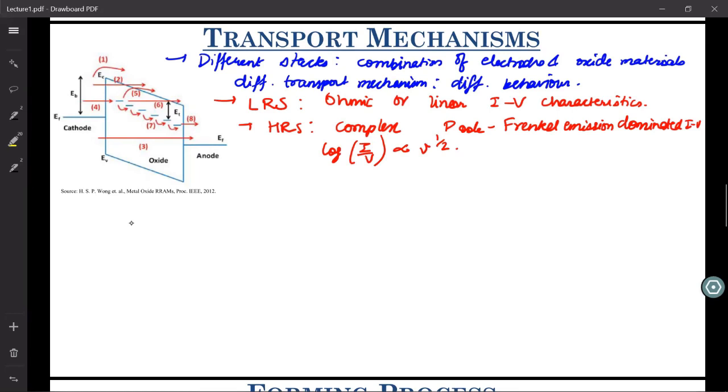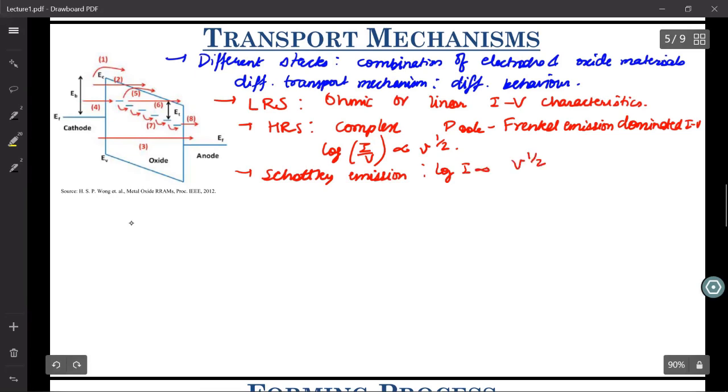For others, they obtain something which is close to Schottky emission. When Schottky emission is the dominant mechanism, you have log I proportional to V raised to the power half.